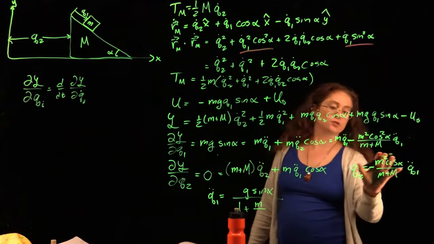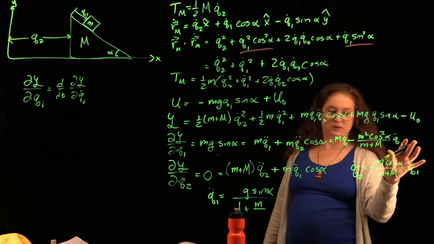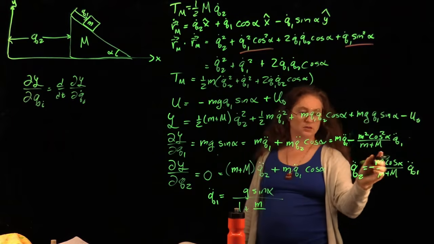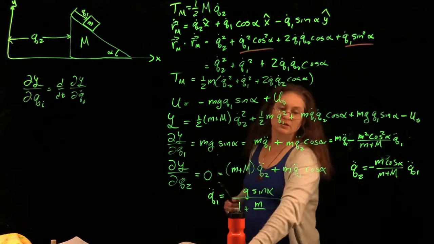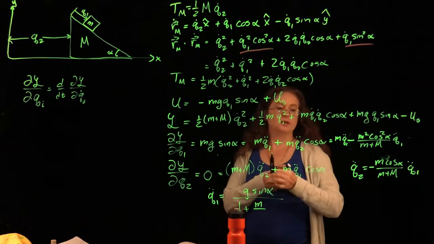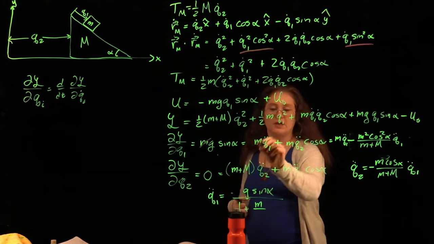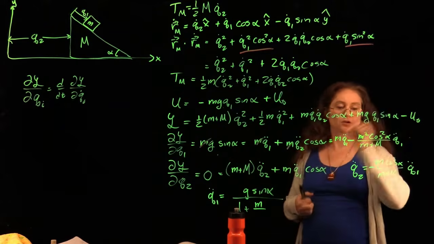Here, yeah, when I divided through by the m, this guy, let's see, that was okay. And then here, to solve, I have m's everywhere, so I can get rid of one m.